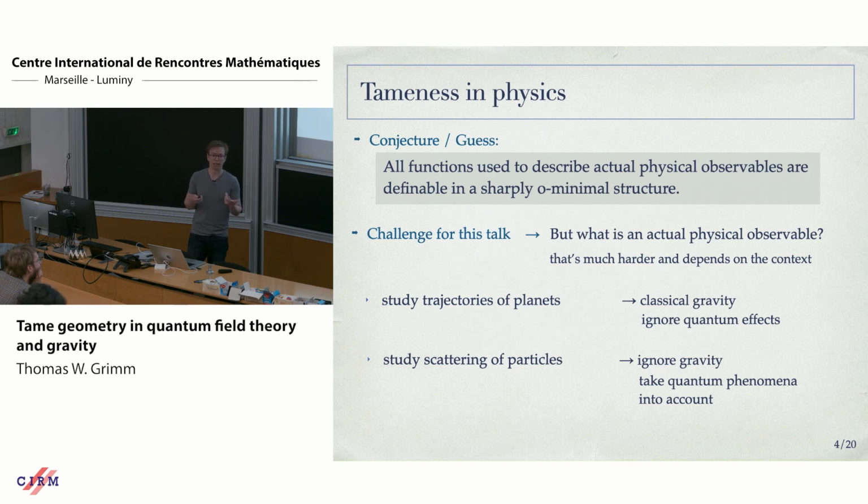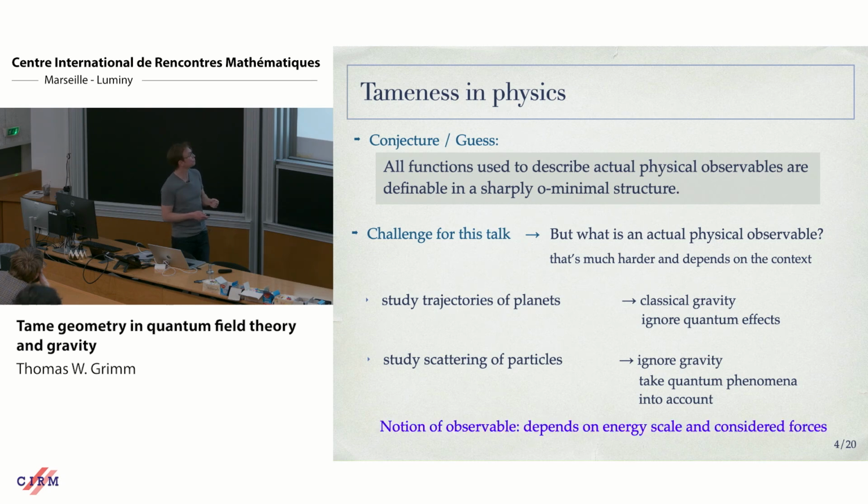Now, I will not be able to explain this in all detail, but you have to trust me that I'm picking some nice example which hopefully illustrates the ideas. So the point is that the notion of observable depends on the energy scale where I'm considering something. If I have extremely high energies, I have to take quantum physics into account. And then it depends on the considered forces, because in the second example I told you I ignored the gravitational force.